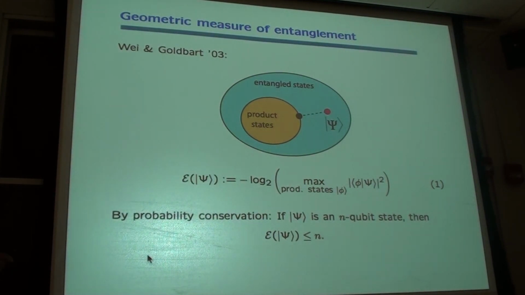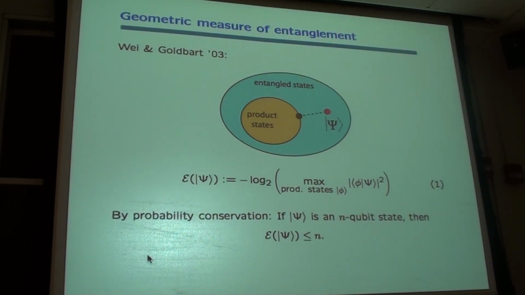So what you do is you look at the product state that is closest to it, by which I mean has the largest overlap with it. Then you take this overlap, more accurately, the absolute value of the overlap squared, and take its logarithm with a minus sign in front. And again, you optimize this over all product states here, and this gives you this measure of entanglement.